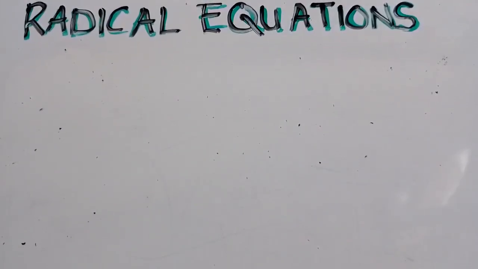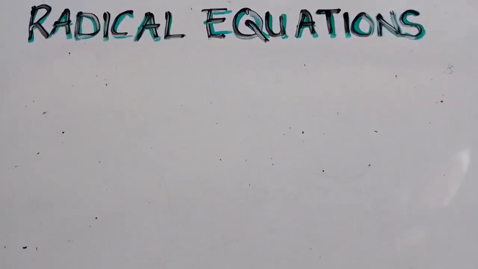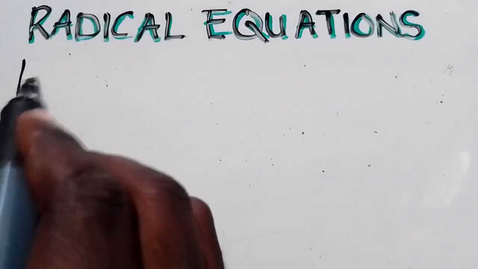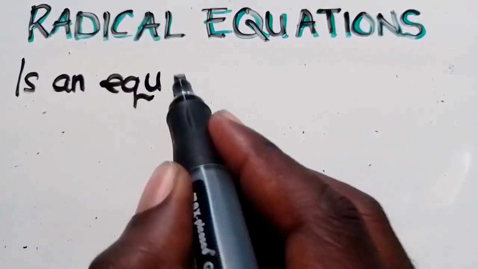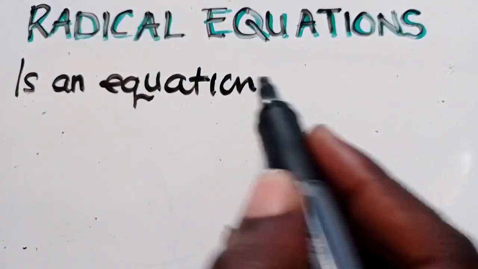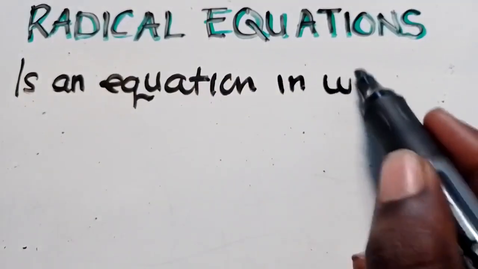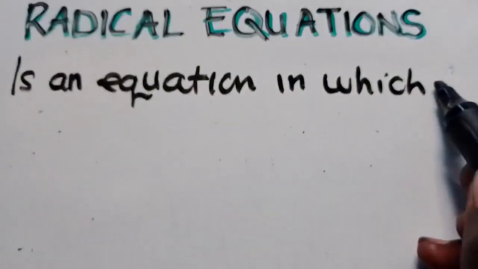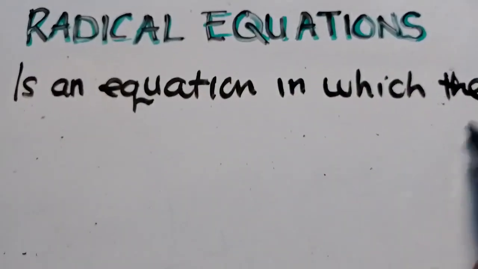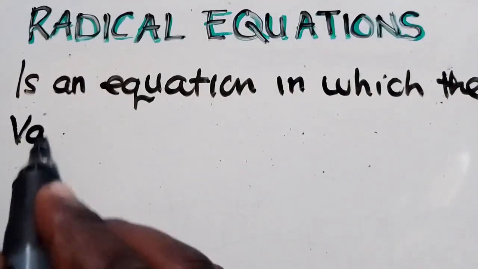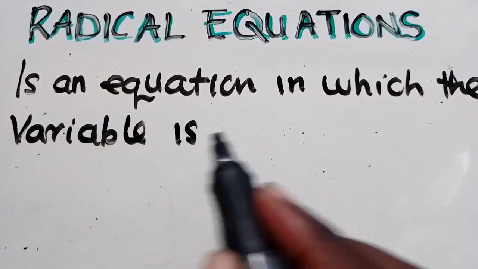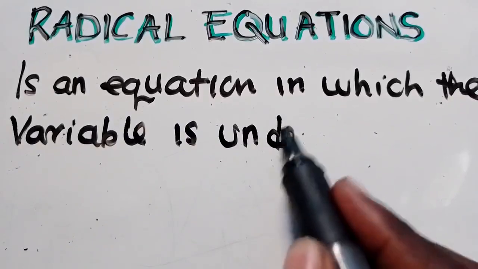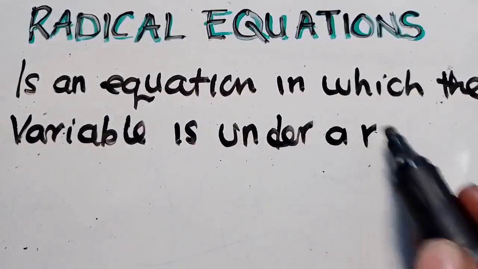So what is a radical equation? A radical equation is an equation in which the variable is under a radical.